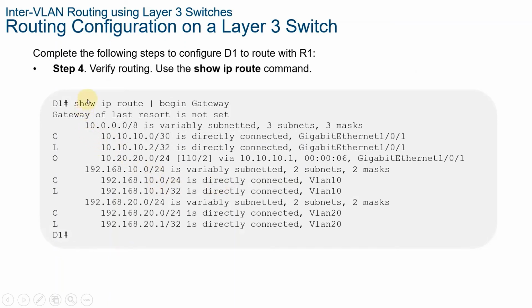Step 4 is to verify routing. Verify the routing table on D1. Notice that D1 now has a route to the 10.20.20.0/24 network. This is our routing table here. Those denoted by O mean the route was learned from an OSPF network.